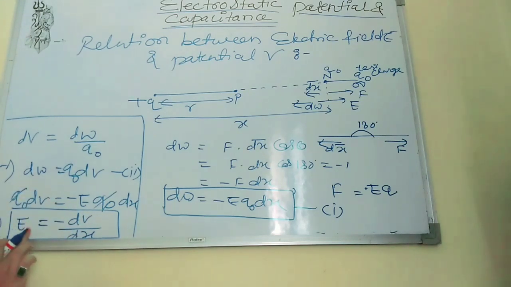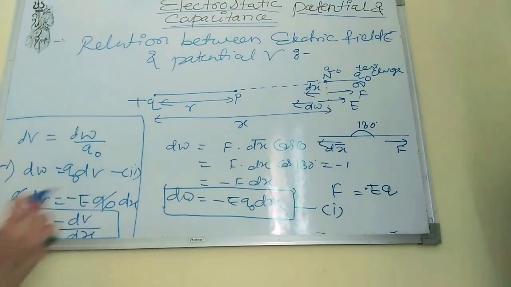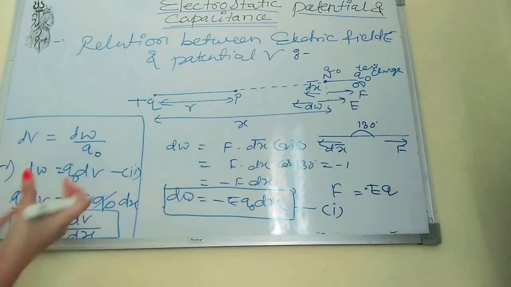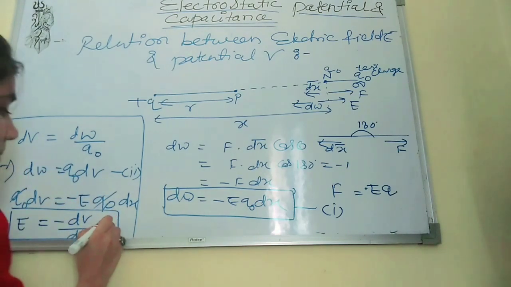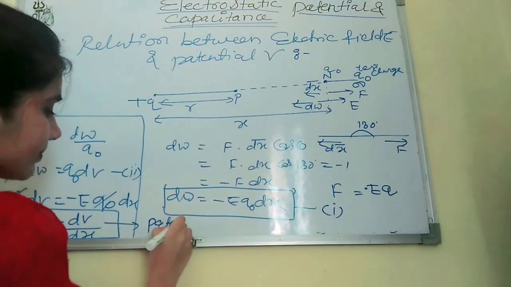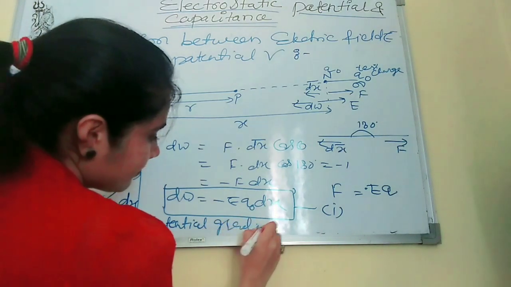Simply what we have seen here is a small potential upon a small length. Now here we are talking about length, which means in the combined way we can say it is potential gradient.